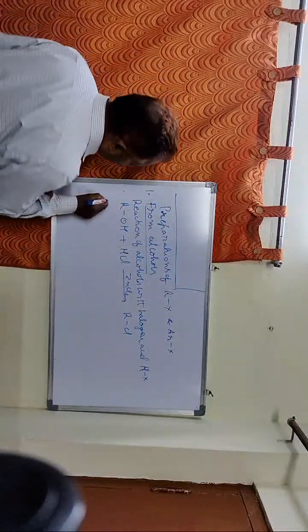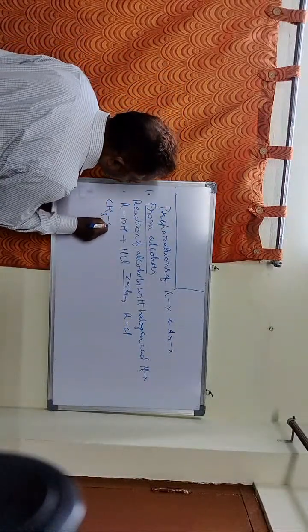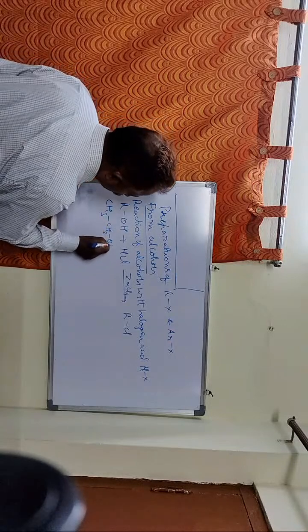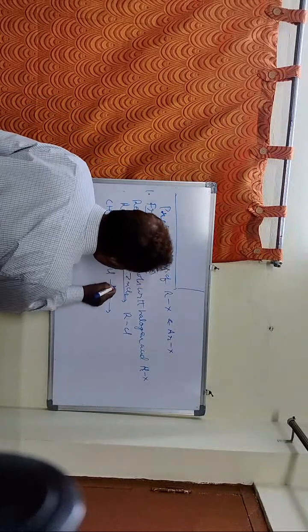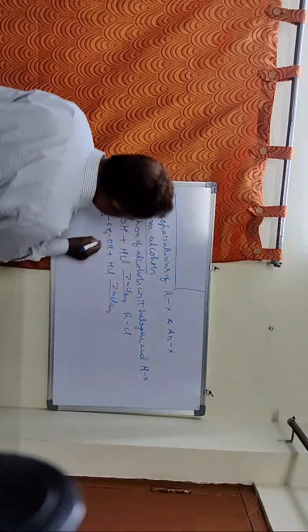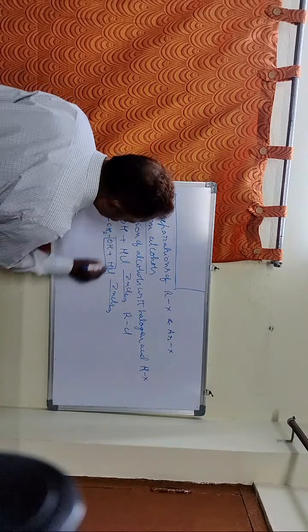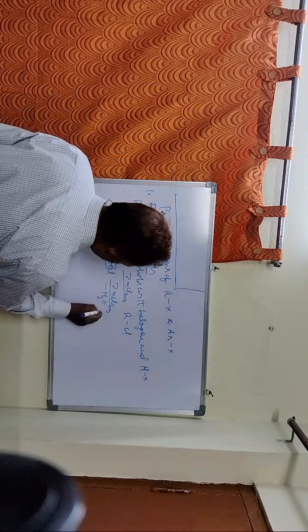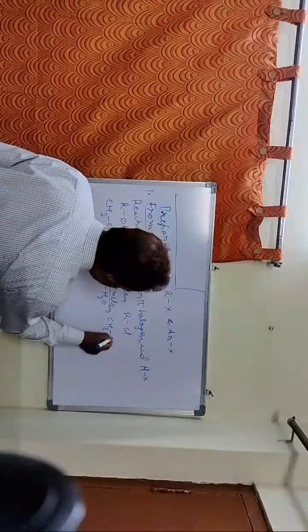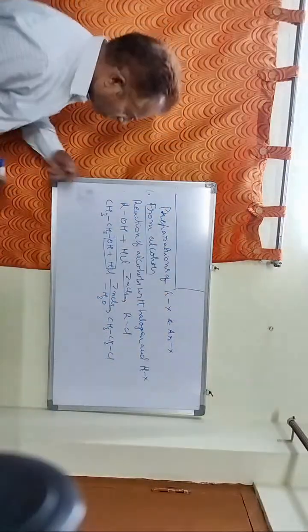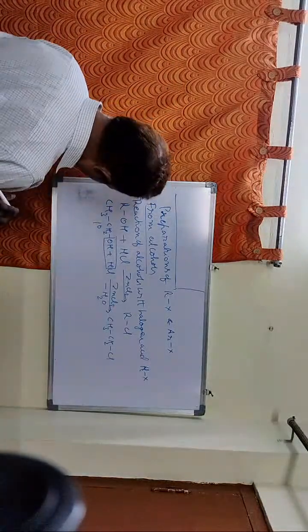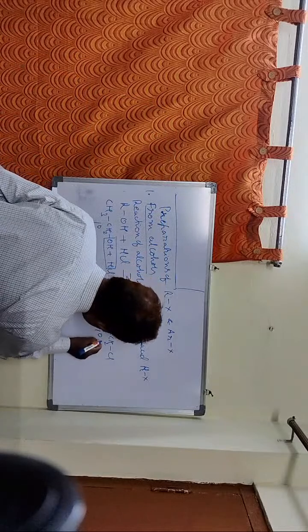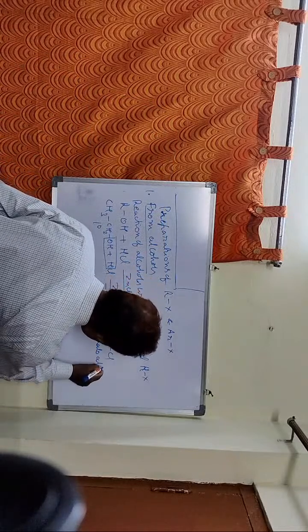Let us take some examples. CH3CH2OH plus HCl, in the presence of zinc chloride, OH and hydrogen are removed as water, therefore we get CH3CH2Cl. Now this is a primary alcohol, therefore it is a primary haloalkane.